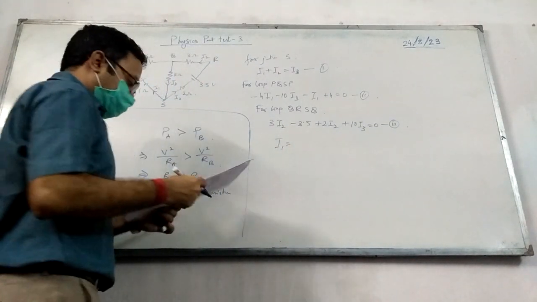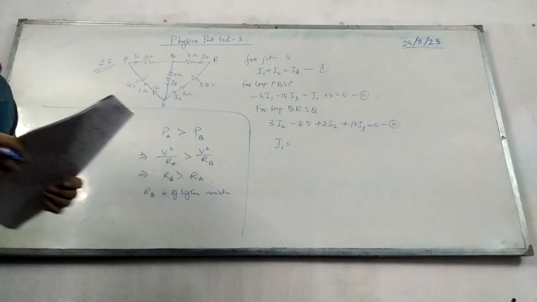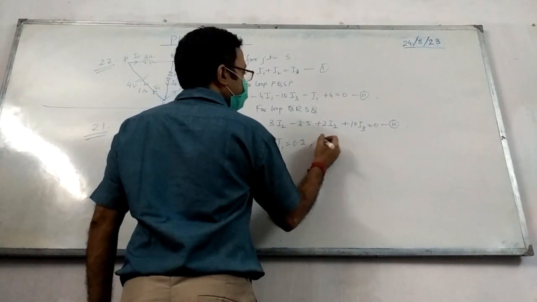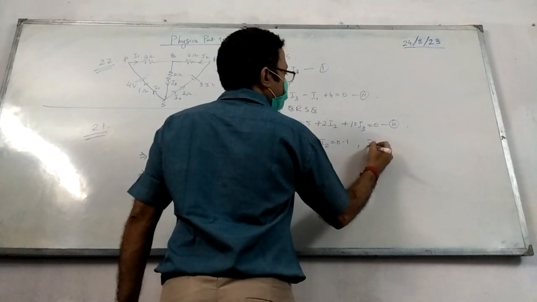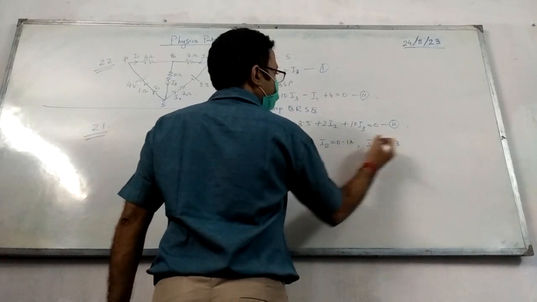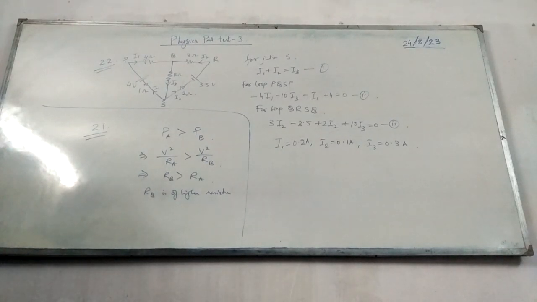I1 comes out to be, correct answer, 0.2. I1 is 0.2, I2 is 0.1 and I3 is 0.3. Solve them, you'll get these answers. Yes, sir?